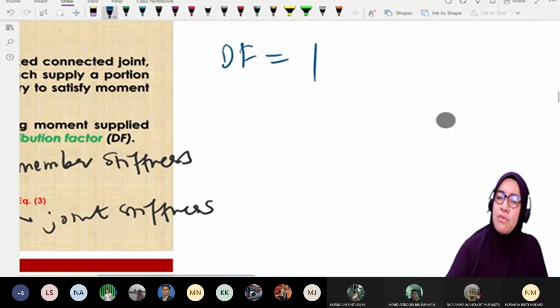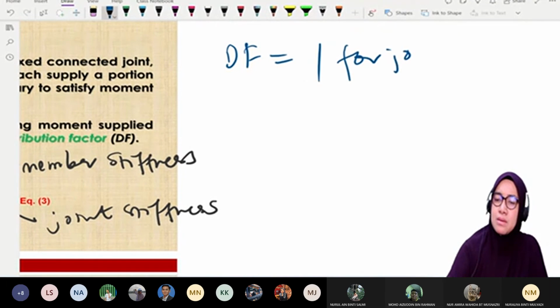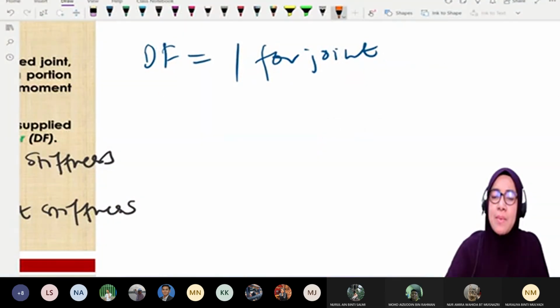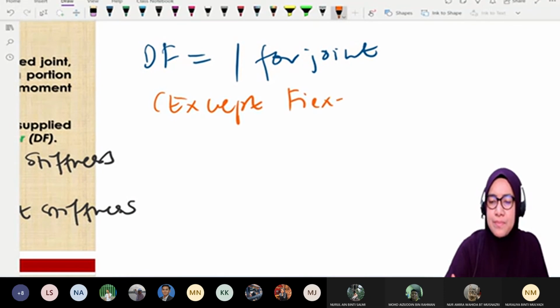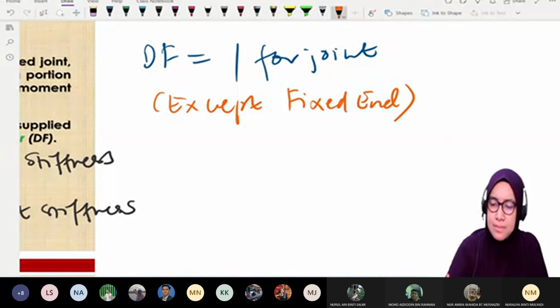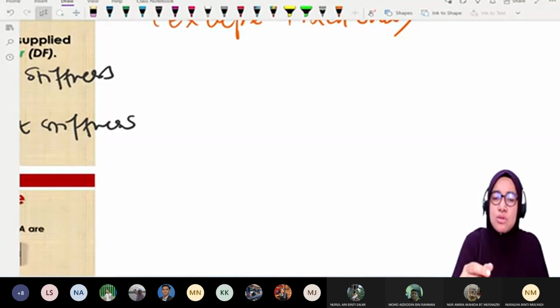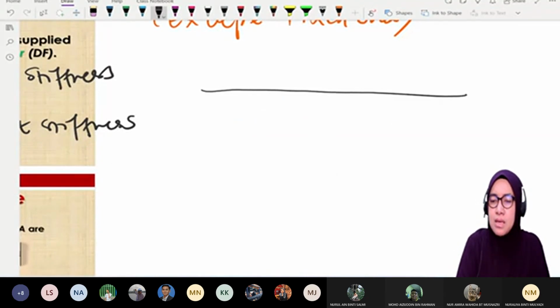For joint, DF is always equivalent to 1, except fixed end. It means that if a joint is there, for example, let's take this beam where both ends are fixed.